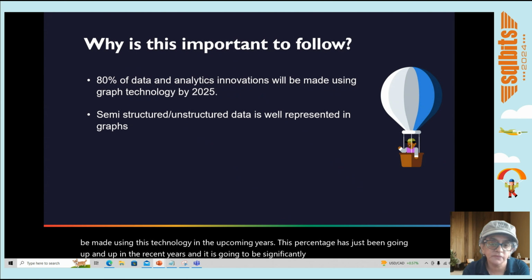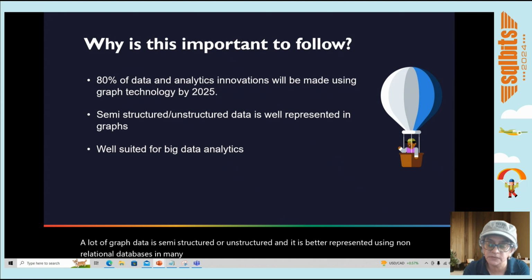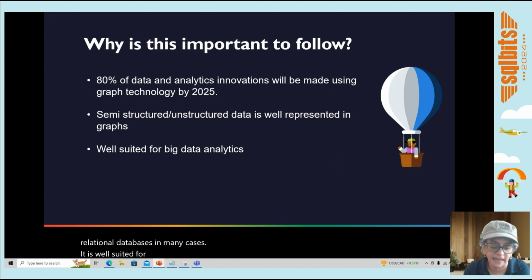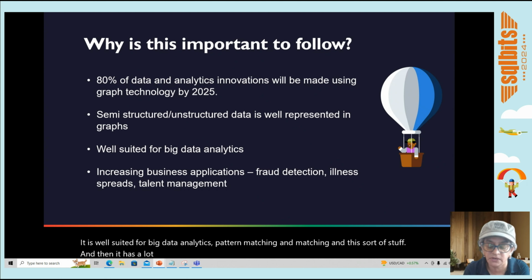A lot of graph data is semi-structured or unstructured, and it is better represented using non-relational databases in many cases. It is well suited for big data analytics, pattern matching, and this sort of stuff. And then it has a lot of business applications: fraud detection, illness spreads, talent management, a lot of things like this.